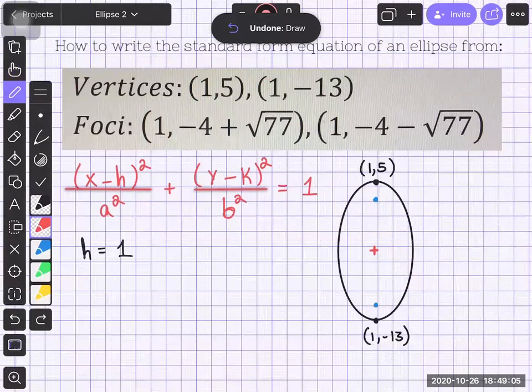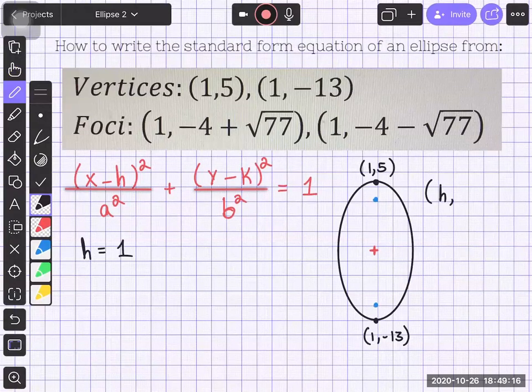Now, if you remember, the coordinates for the foci on a vertical ellipse are determined by (h, k plus and minus c).